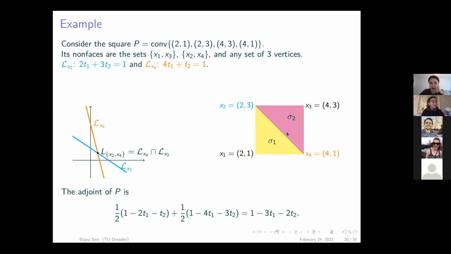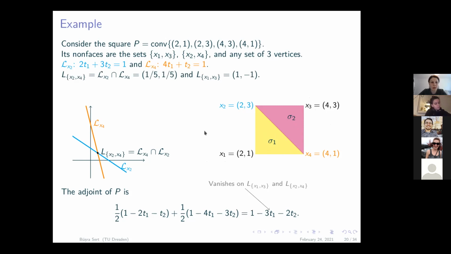For sigma 1, as I said, we write the linear form for x3, so it will be 4t1 and 3t2. And for sigma 2, we write the expression for x1, so there will be 2t1 and 1t2. So this gives us the adjoint.